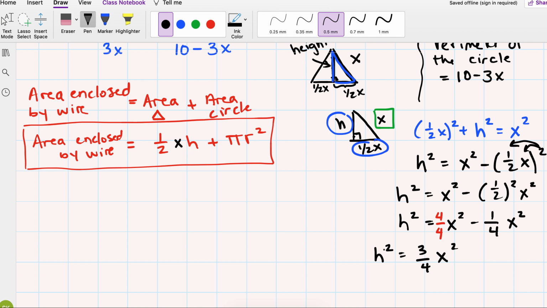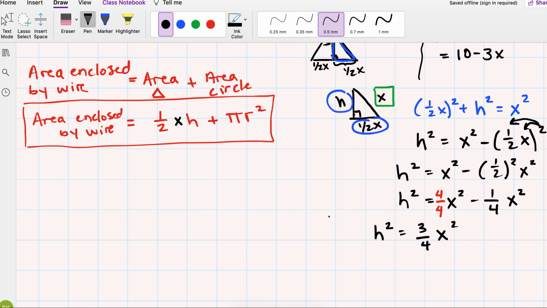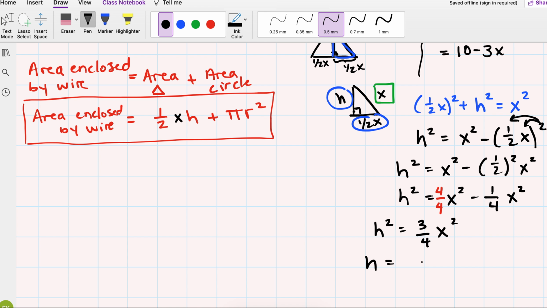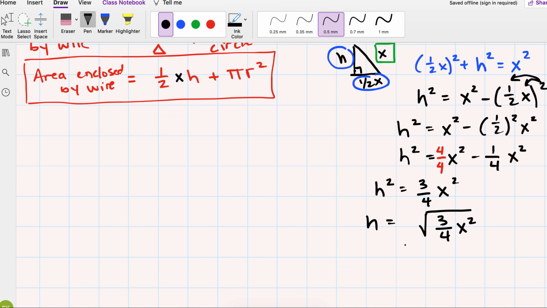And now I'm going to take the square root, because what I'm trying to do is replace this h here. So if I take the square root, I get h is the square root of 3/4 x squared. Now I don't have to take the negative square root because this height is a length, so we're not going to worry about the negatives. Okay, we're almost done. We can actually go ahead and send this square root into everything.